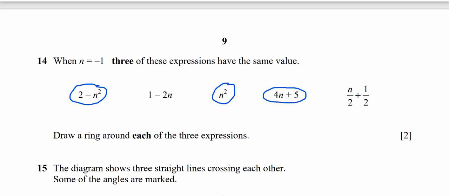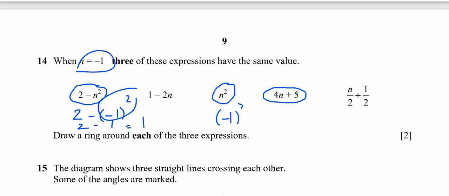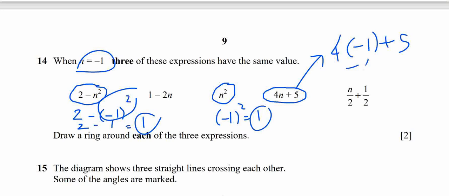Let's prove it. So n is minus 1. So 2 minus minus 1 squared. Minus 1 squared is 1, so 2 minus 1 is 1. This one, minus 1 squared, equals 1. So we got 1, 1, and this one is 4 times minus 1, which is minus 4, plus 5, which equals 1.